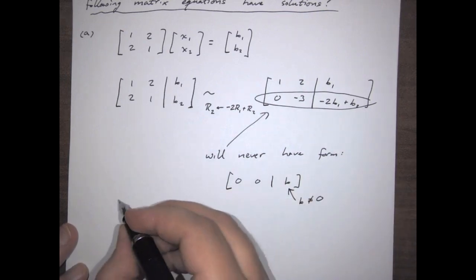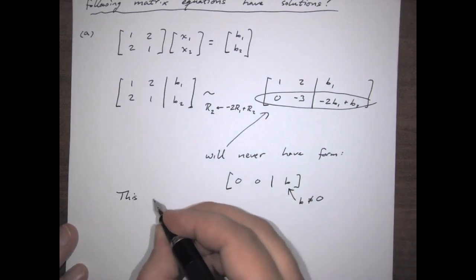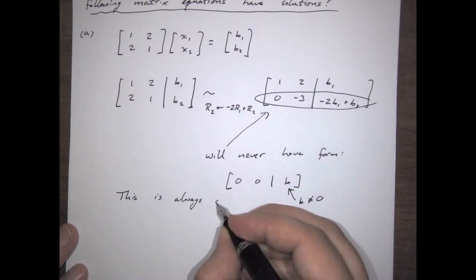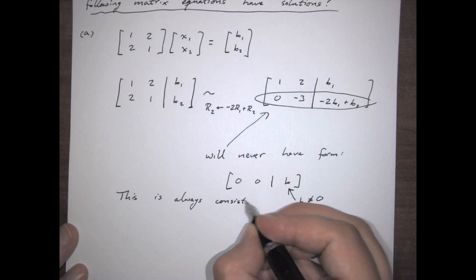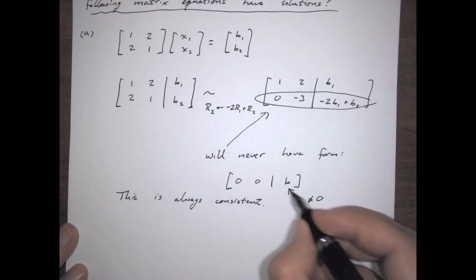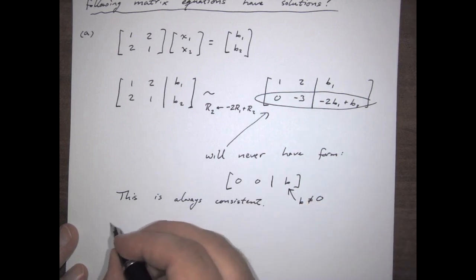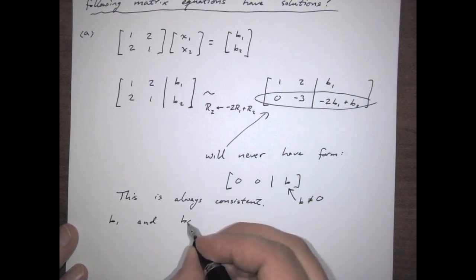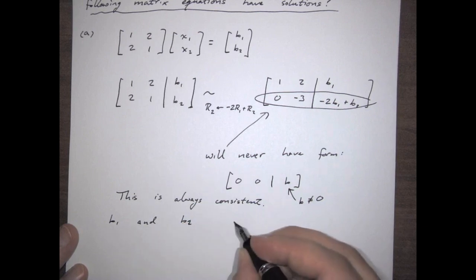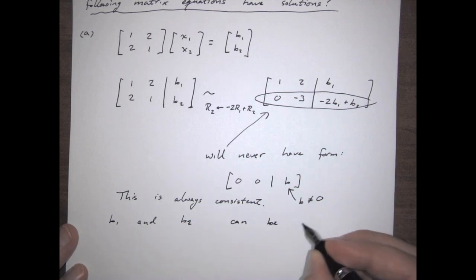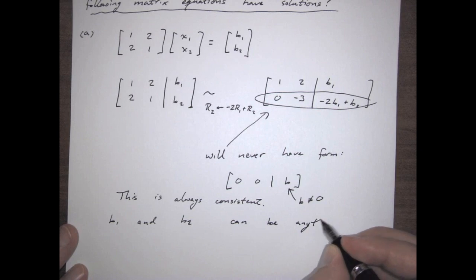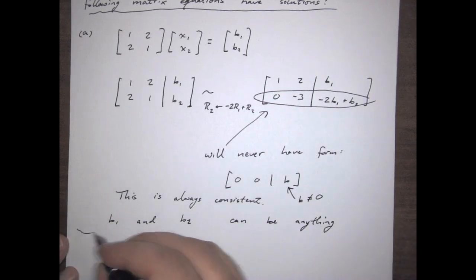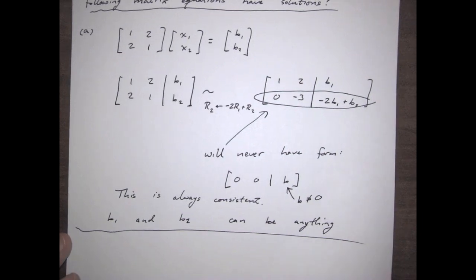So this means this is always consistent, which means that b1 and b2 can be anything. Okay. So that's what happened in that case.